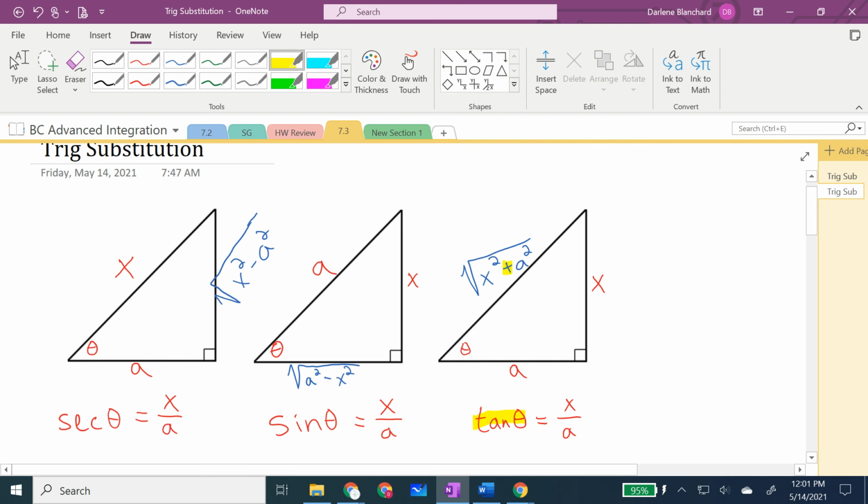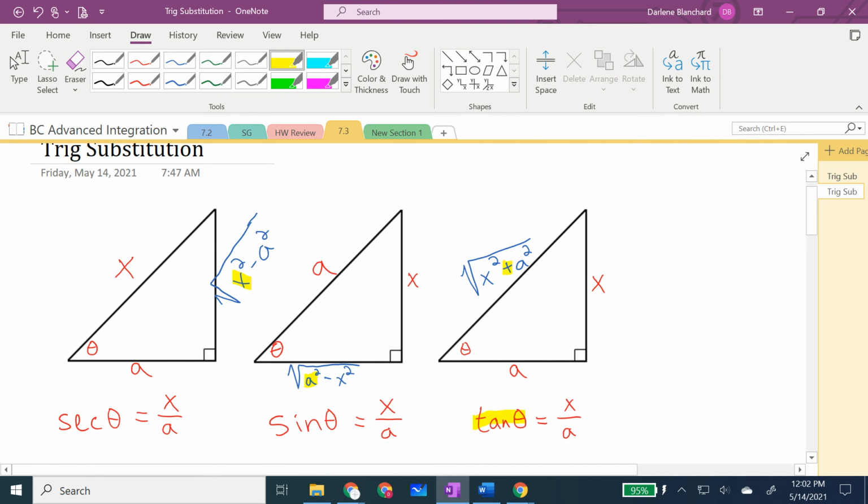Granted, it could be cotangent, but I'm going to be adding legs together when my variable and my constant are my legs. If I have a subtraction, though, I have a subtraction on a third side, and it's always hypotenuse squared minus leg squared.